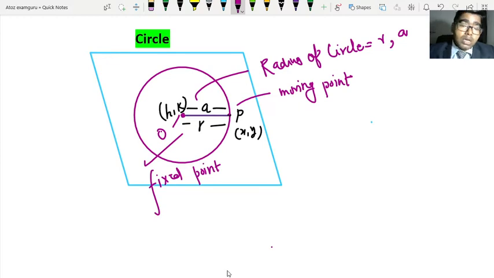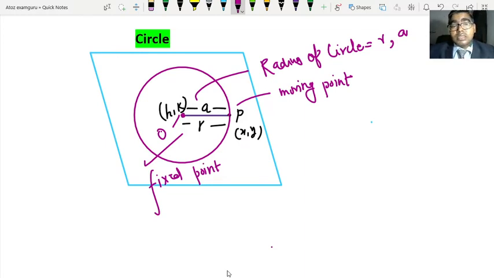The locus of a moving point with respect to a fixed point is called the circumference of the circle, or simply the circle. Right friends? I hope you got the definition. The coordinates of the fixed point are h comma k, and the moving point is x comma y.